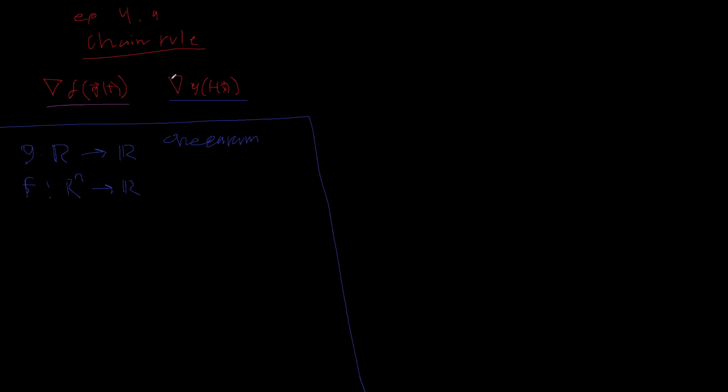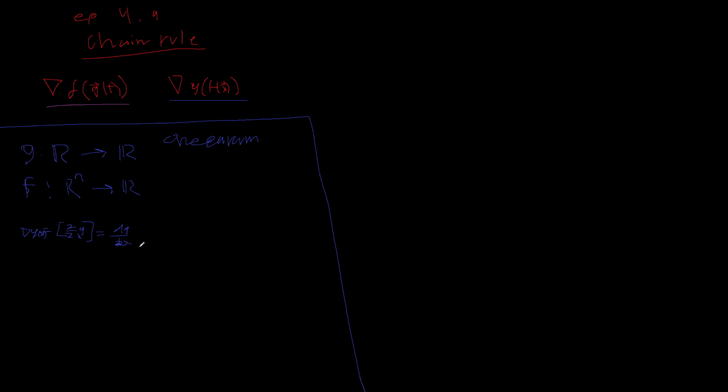If we take the nabla, or the gradient, of a single variable function, that's just the derivative. We're going to get nabla g equal to d over dx of g of x, so this is just the derivative, d over dx of g.